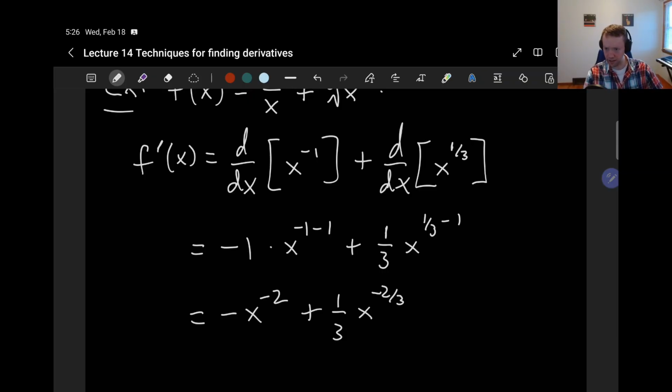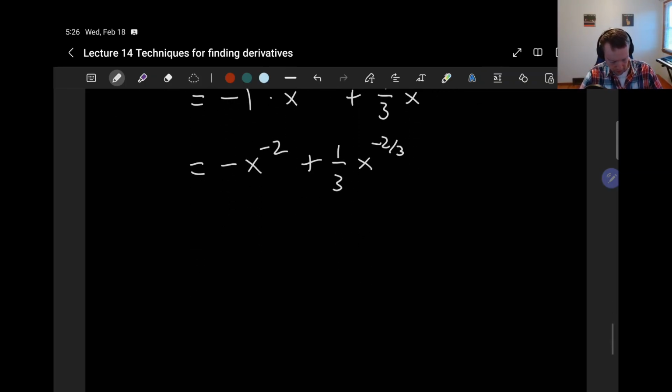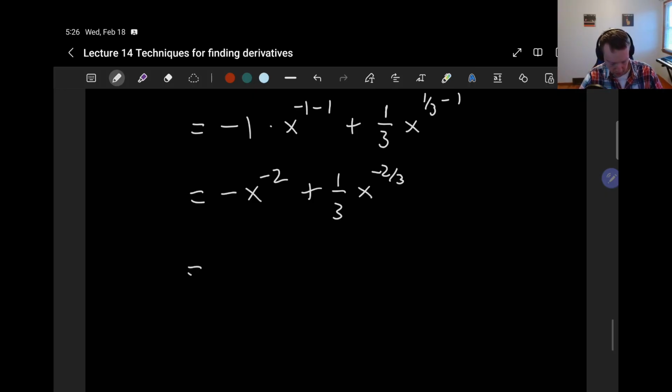And now I'll just clean these up a little bit. So that negative 2 exponent means that I can write it as an x to the positive 2 down in the denominator. Okay.